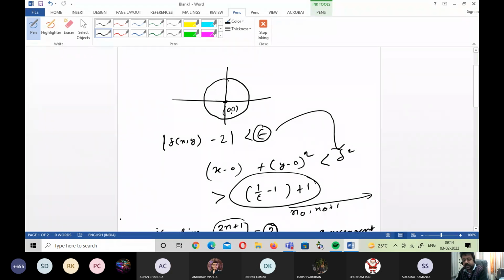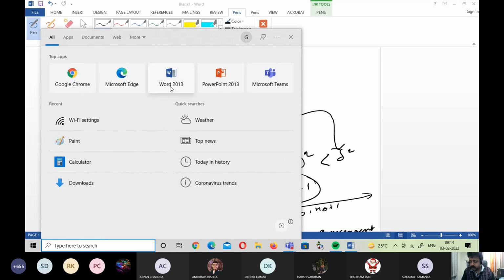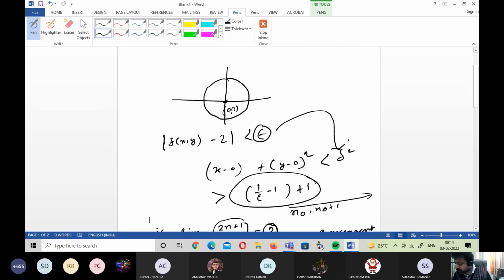Now, is it clear to all of you? Sir, in this question, is the value of n0 equal to 1 by epsilon, or n1? Yes, delta. You have already gone through this. You told, okay, sir, x minus 0 whole squared. Oh, sorry, squared, sir. You missed that square. Okay.